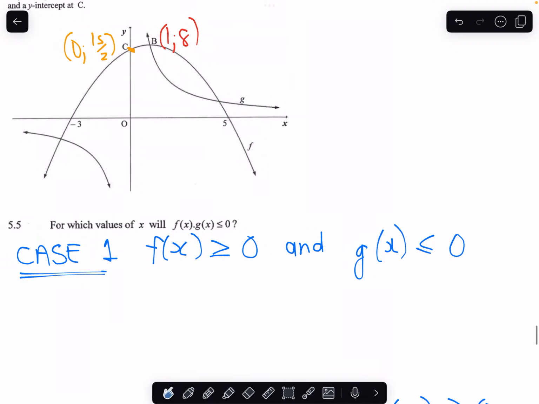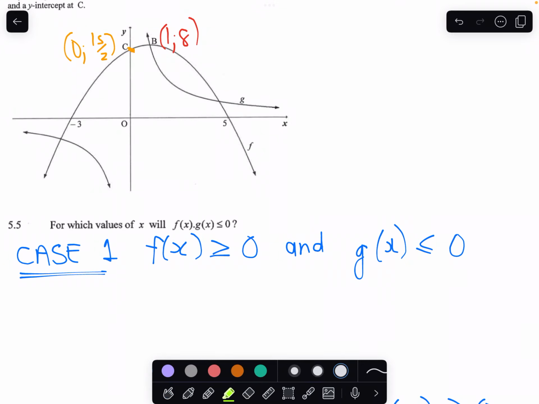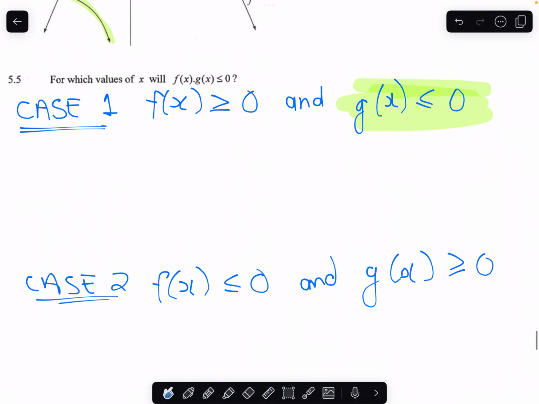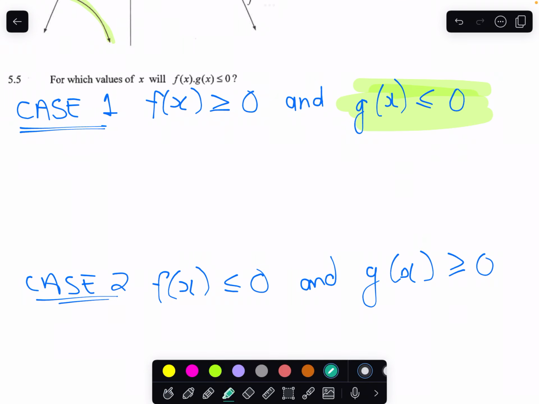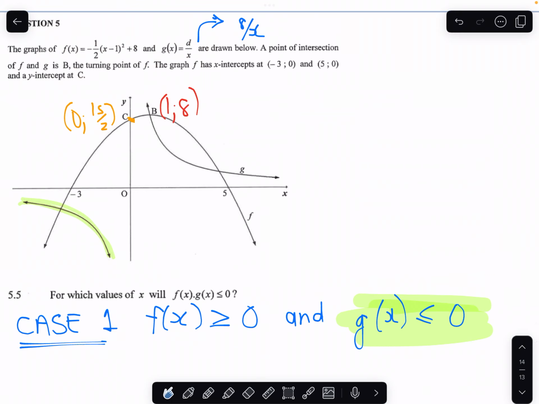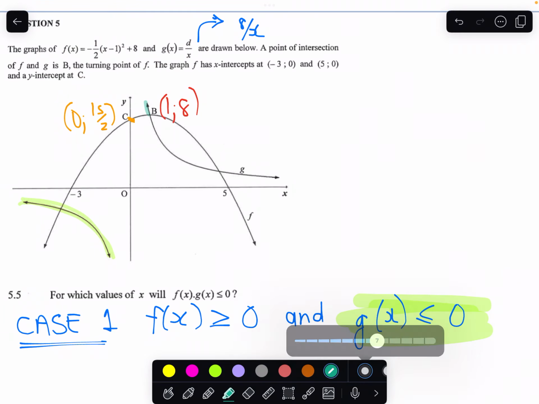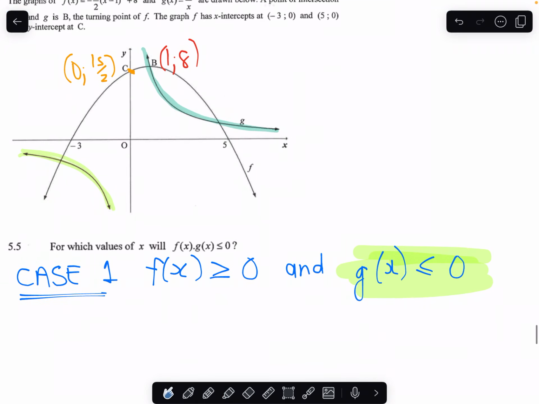So I am going to highlight this. Okay, so g of x is negative over here, and g of x is, oh my gosh, scrawny little highlighter, and it's positive over here.